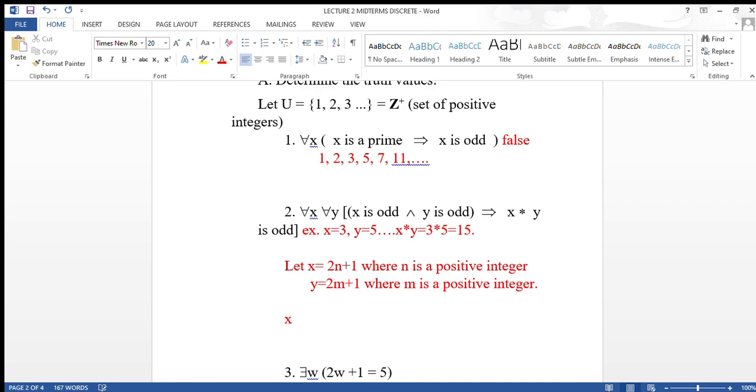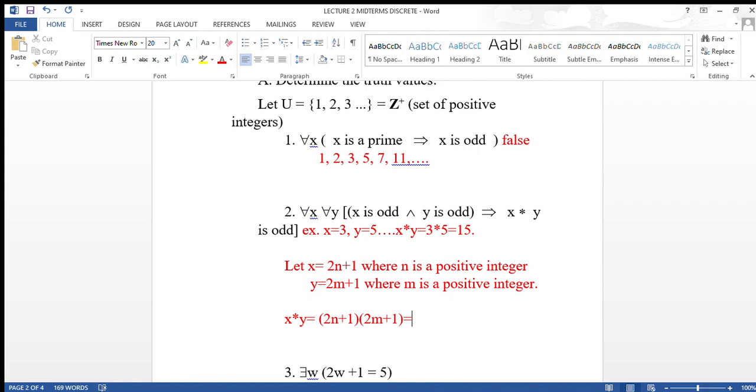So if we want to consider x multiplied by y, then x multiplied by y will be equal to 2n plus 1 multiplied by 2m plus 1, because x is represented by 2n plus 1 and y is represented by 2m plus 1.